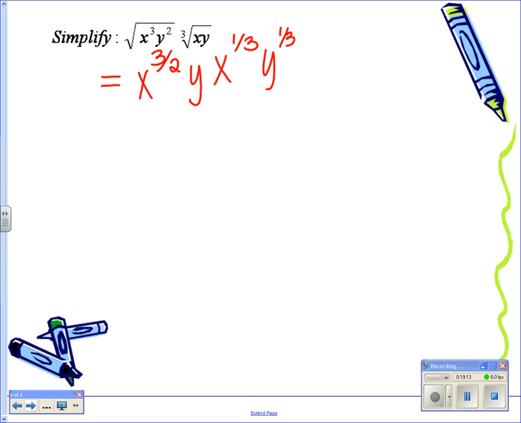Does that make sense? Can we leave our answer like that? We need it to be one x term and one y term. I mean, not 2 of each, okay? How are we going to combine these? Okay, so instead of 3 halves, it'll be, and then plus 2 over 6, right? Does that make sense? And then what will I do to add these?